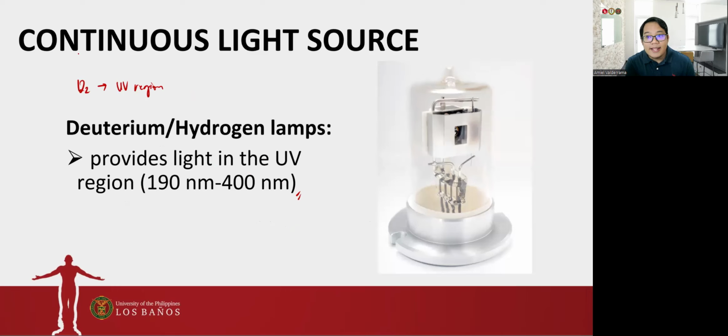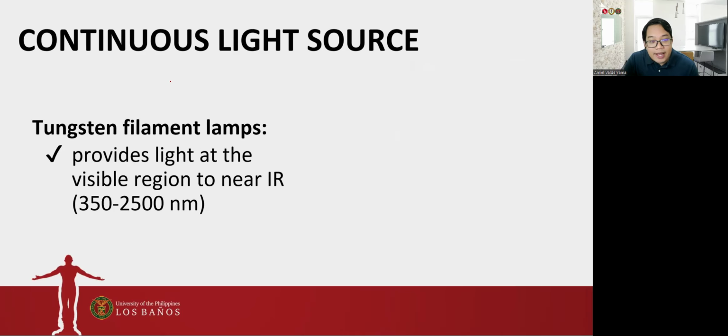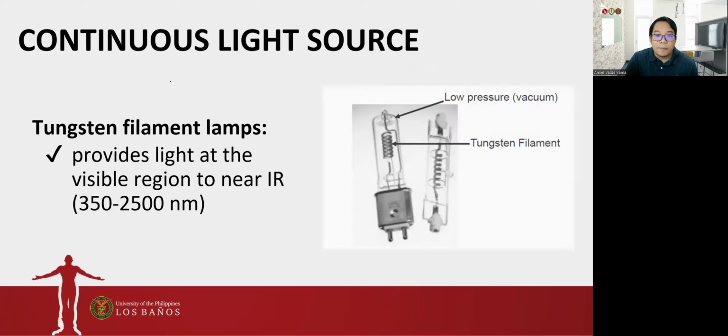The tungsten filament lamp, or the W lamp, is for the visible region. Our visible region is from 350 to 2,500 nanometers. The 2,500 nanometers is already the near IR region. This is the visual example of the tungsten filament lamp.